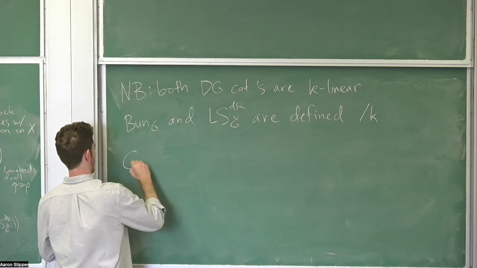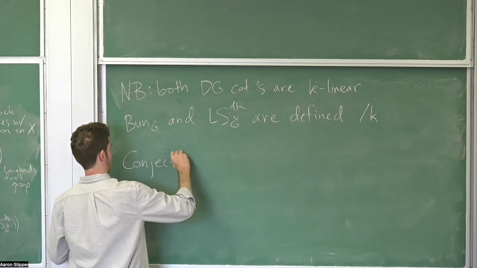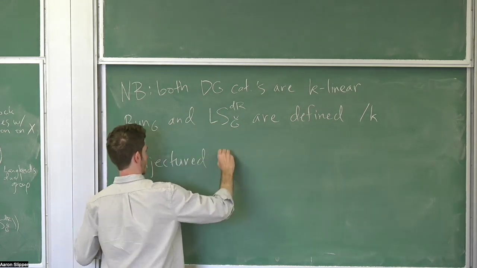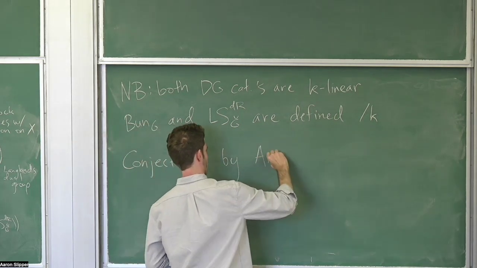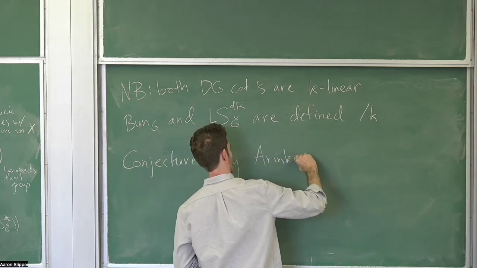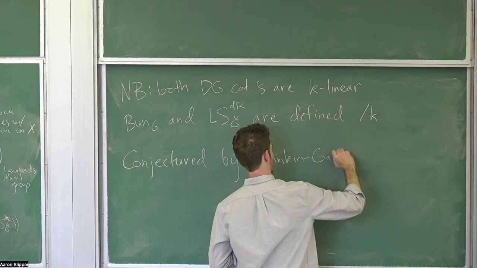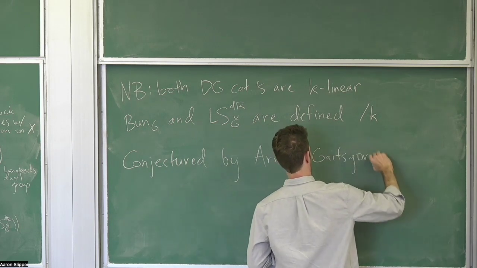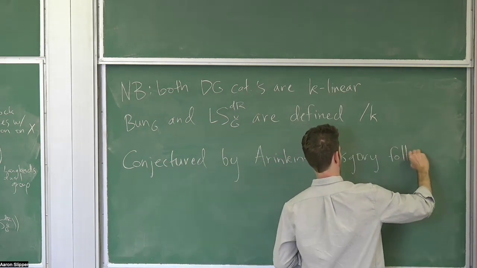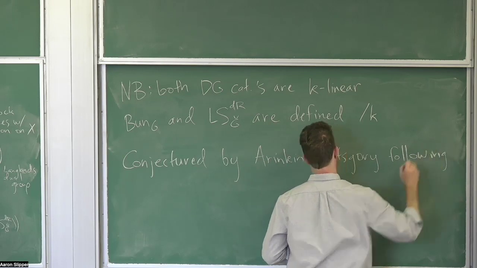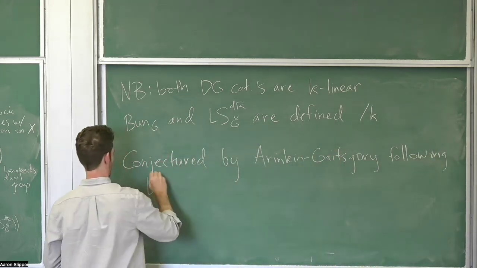Okay, and then some names. The precise form of the conjecture was given by Arinkin and Gaitsgory, following Beilinson and Drinfeld.